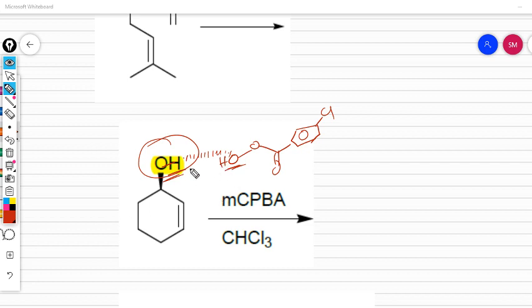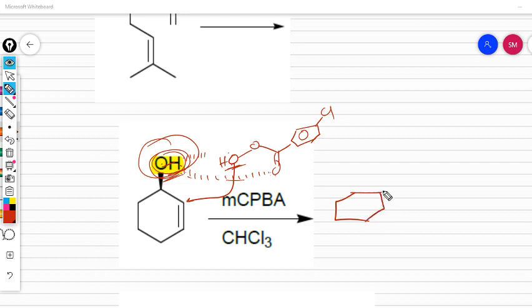There is another possibility of hydrogen bonding to the carbonyl. If the carbonyl is attached and this is free, it will attack from the same side where the OH is available, because hydrogen bonding develops between the hydrogen of the OH and the carbonyl. So the attack of the oxygen will happen on the same side.